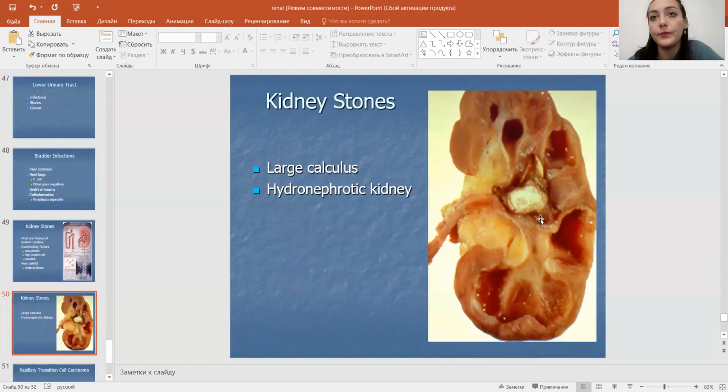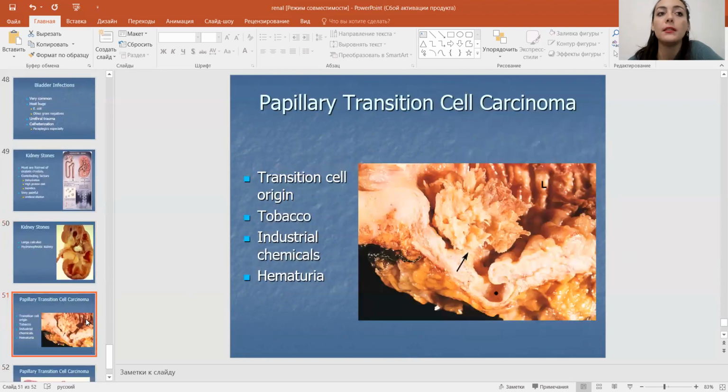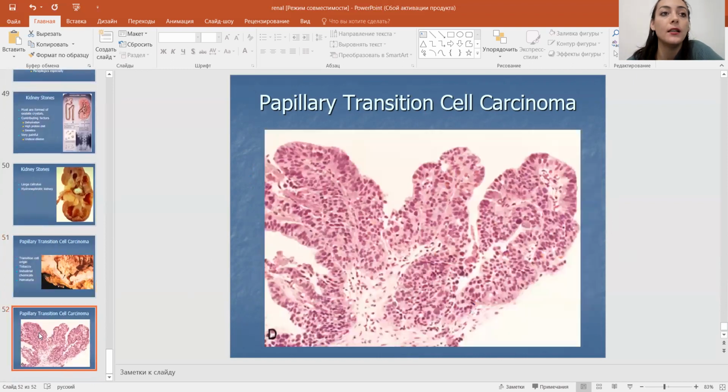Kidney stones, you can see a large calculus microscopically, and a hydronephrotic kidney, thinning of the cortex of the kidney, you can see also. Papillary transitional cell carcinoma, you can see microscopically. Thank you for attention. Bye.